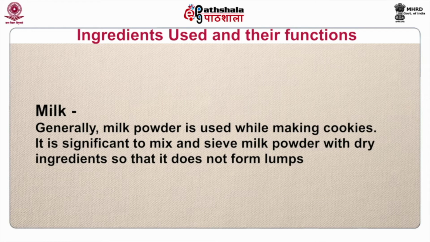Generally, milk powder is used while making cookies. It is significant to mix and sieve milk powder and dry ingredients so that it does not form lumps. Milk gives good flavor. It is an emulsifying agent and helps in making fat and protein emulsion. Casein and albumin present in milk act as a gelling agent.